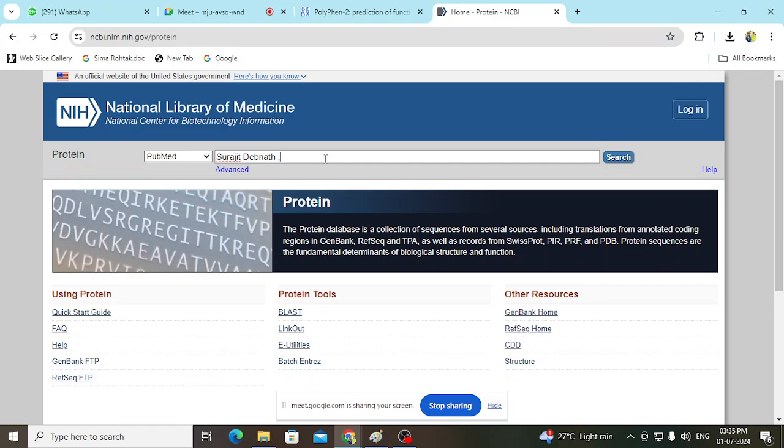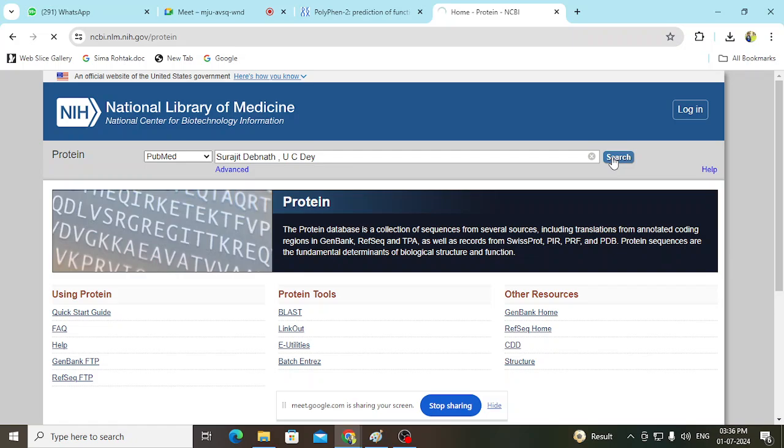Then here we'll write the name, search it, and figure out an example of a wet lab research. Let us hope that it will work out.